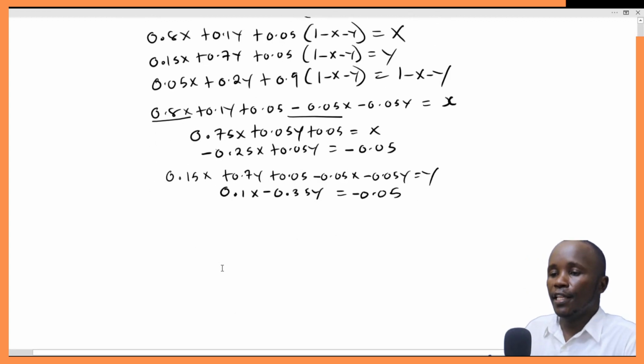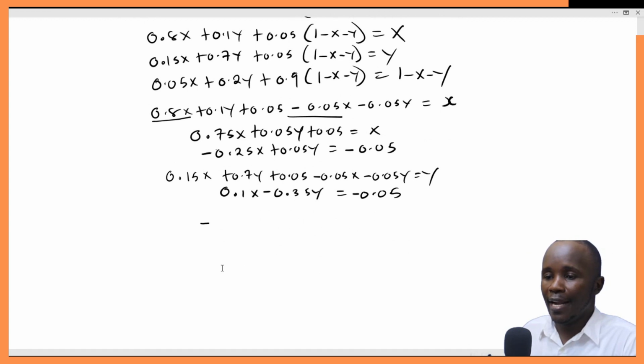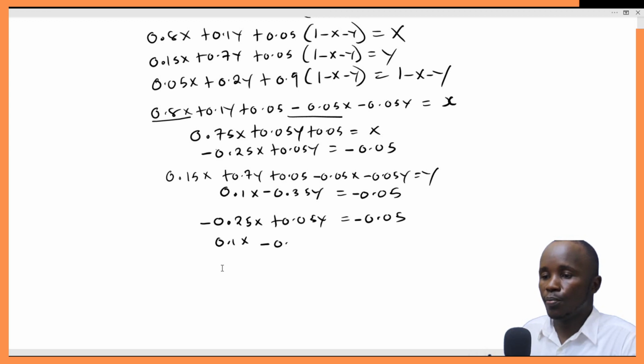Having simplified this, you'll now have two equations here. Negative 0.25x plus 0.05y is equals to negative 0.05. Not negative, this is positive. This is 0.1x minus 0.35y should give you negative 0.05.